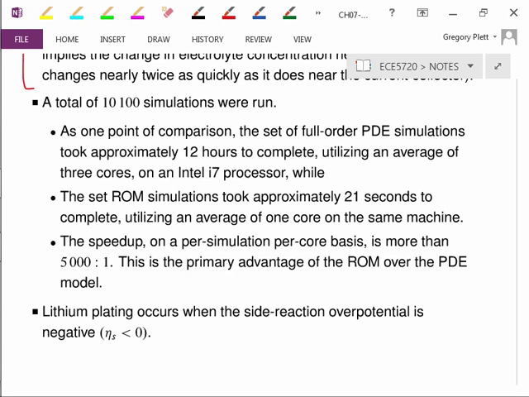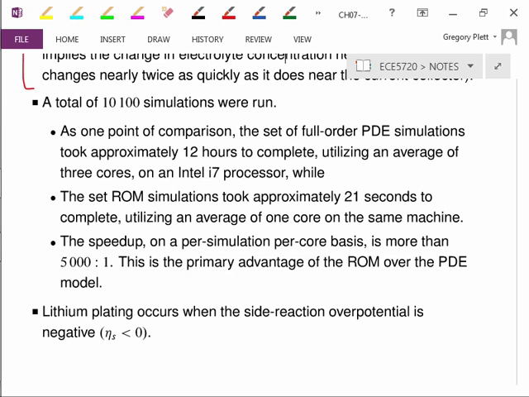So the speed up of this reduced order model is about 5,000 to 1. And again, that's why we want to use a reduced order model, is that we can greatly reduce the computational requirements of a battery management system if we have a good reduced order model instead of trying to simulate a PDE kind of model.